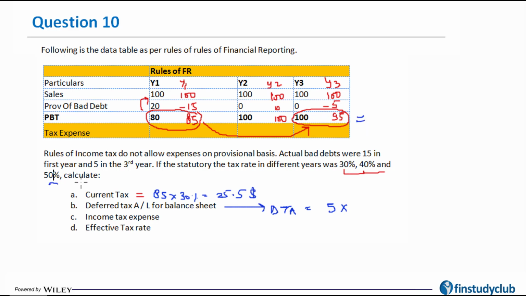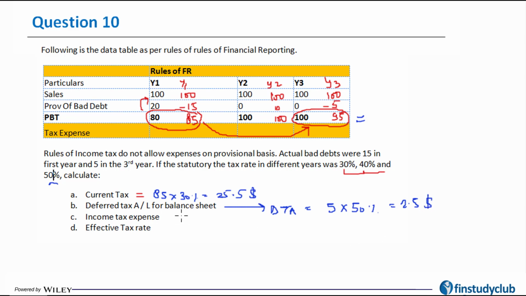So the reversal is happening at 50%. What you have to carefully notice is that the deferred tax asset is not at the rate at which the timing difference originates. It is the rate at which the timing difference reverses, which is 50% in this case. So the answer to that is $2.5.